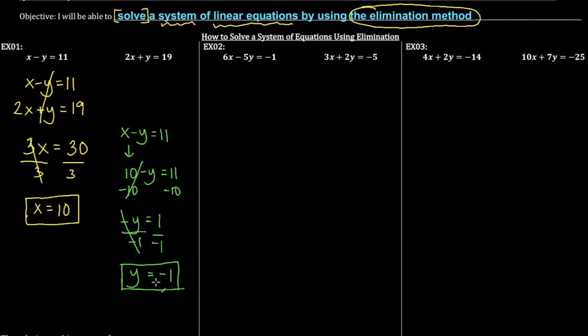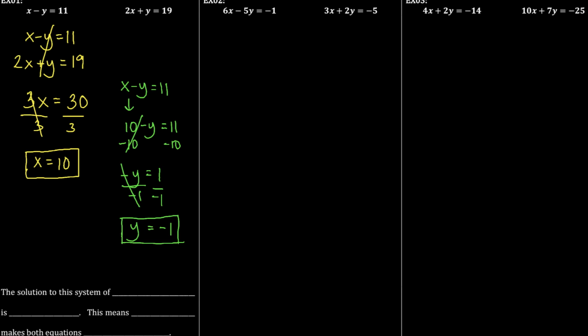So I'm going to show you that I would get the same answer when x is 10, when I use this equation also. So let me show you that. 2x plus y equals 19. So for x, I will once again substitute in 10.